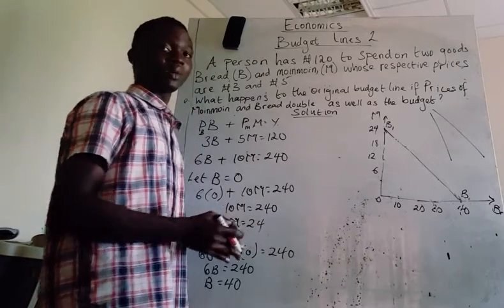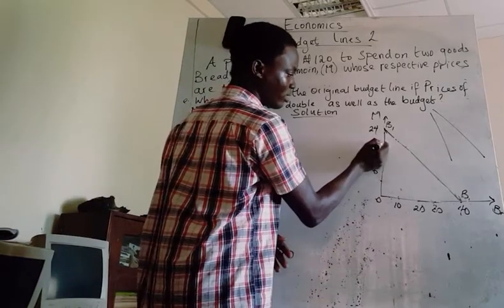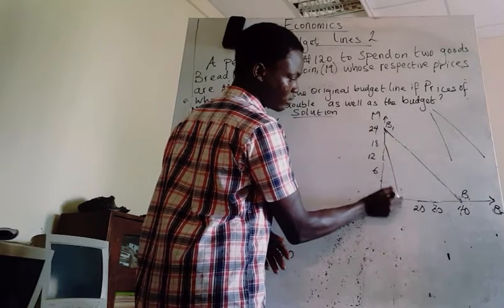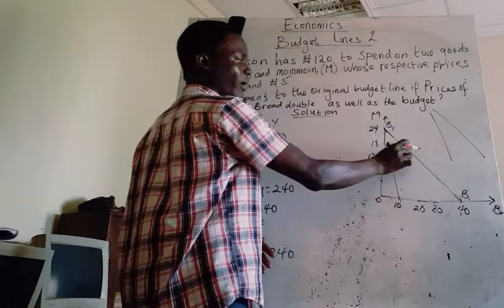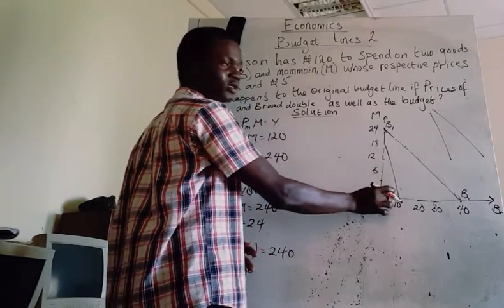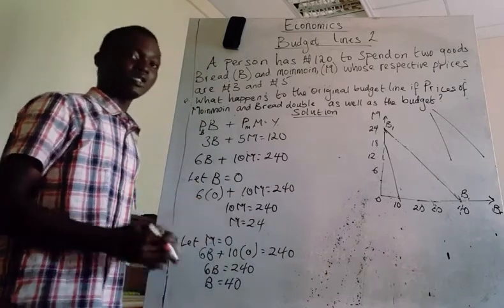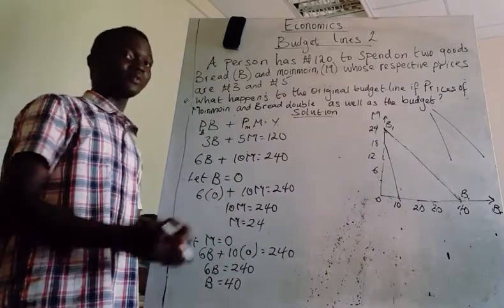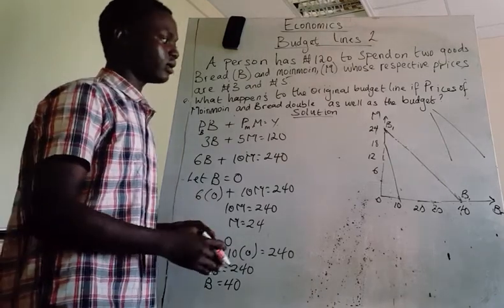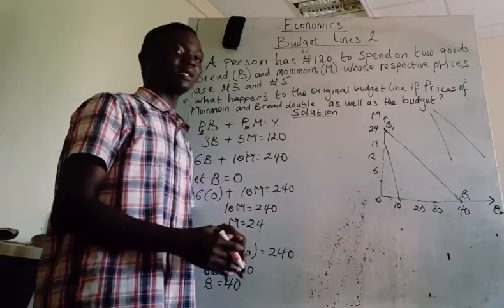So we may have something like this. Our curve has shifted from here to this point, and it has as well changed its slope. So when there is a change in income as well as a change in the price of one of the commodities under consideration, we have a change in the slope as well as a shift.